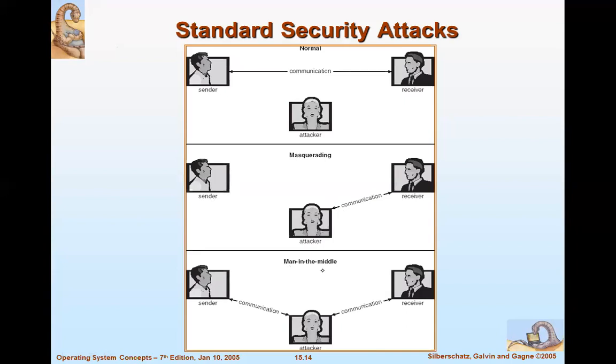Another one is the man in the middle attack. You can see he is deceiving both the sender and the receiver. To the sender, the attacker says that I am the receiver, and to the receiver, the attacker says that I am the sender. You can see over here that the sender and receiver think that they are communicating with each other, but actually the attacker gets data from the sender, makes a copy of it, and then sends it to the receiver.